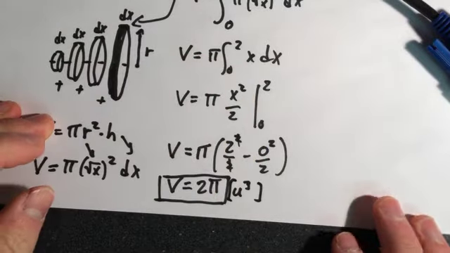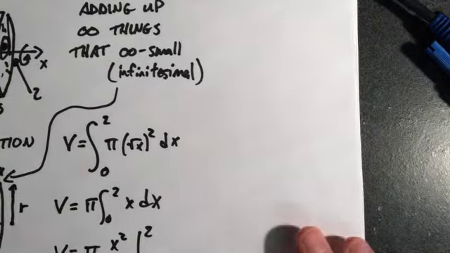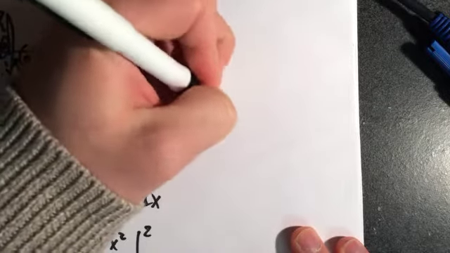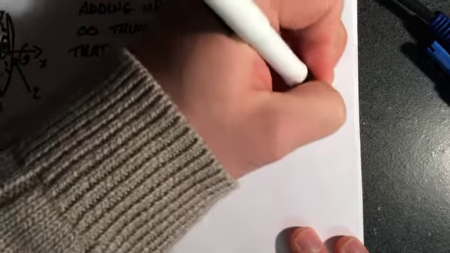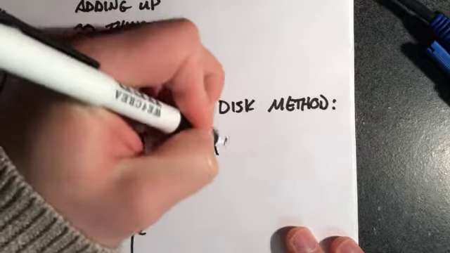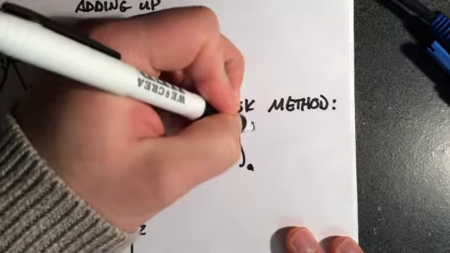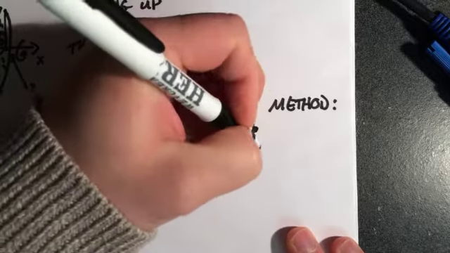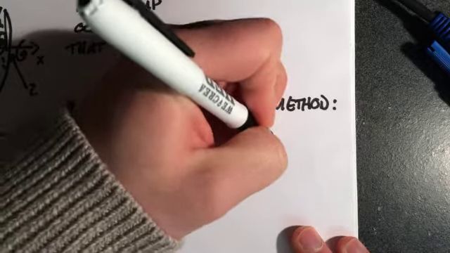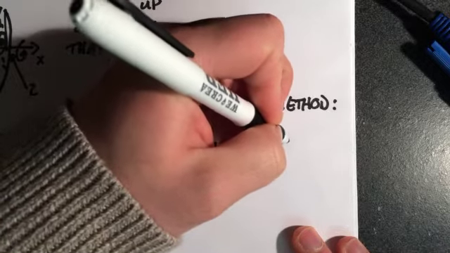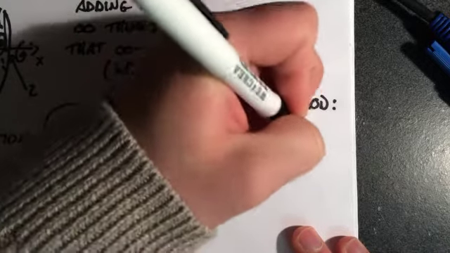Okay. So the general formula here is that the volume, so the disk method, right, is in fact the volume from A to B of pi, the r function squared, okay, radius function squared, times dx.